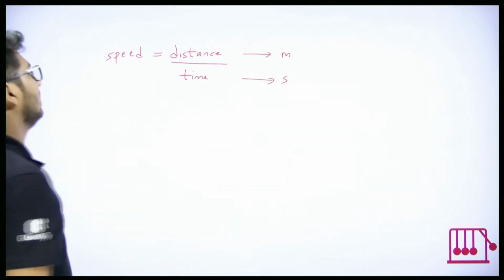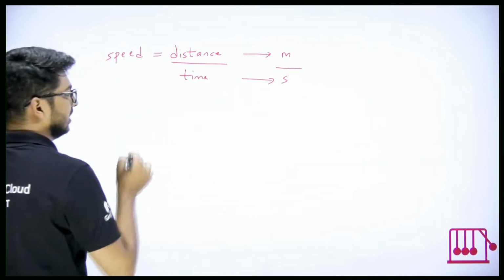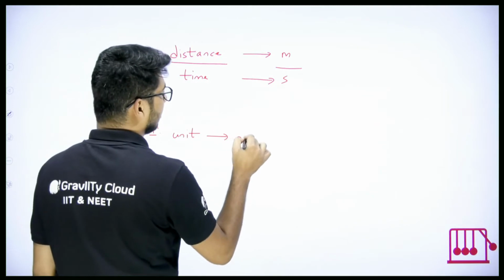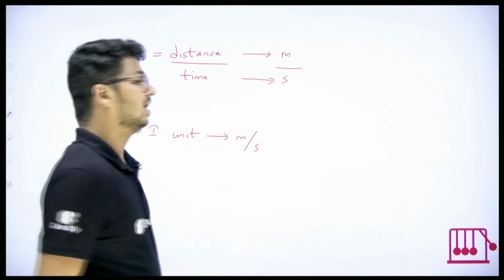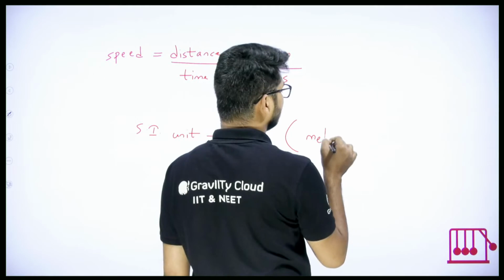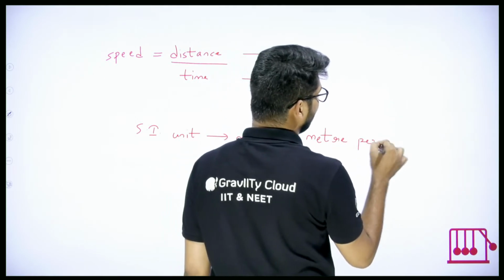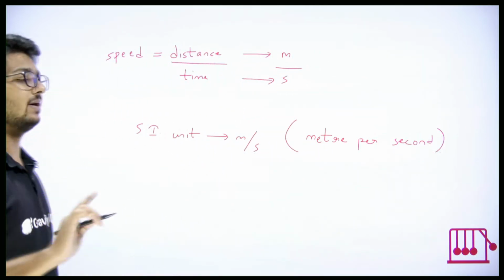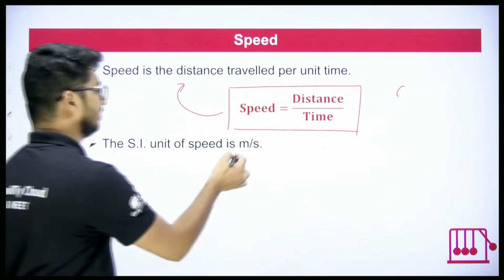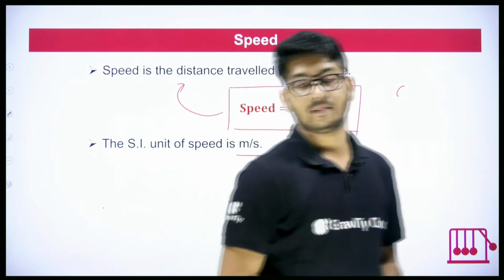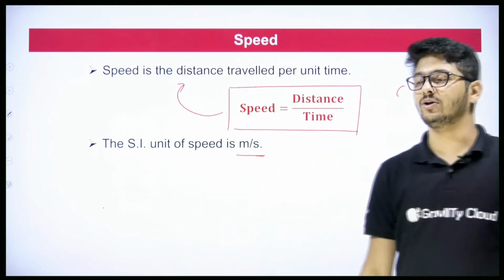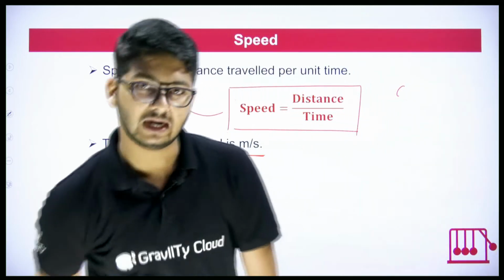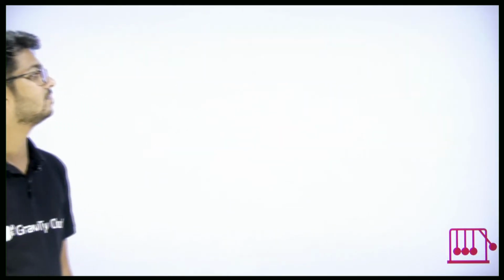So what is that going to be? It is meter per second. So the SI unit is meter divided by second. You spell it as meter per second. It is not kilometer per hour, it is meter per second. That is a standard unit. The SI unit of speed is meter per second. Clear? Good.